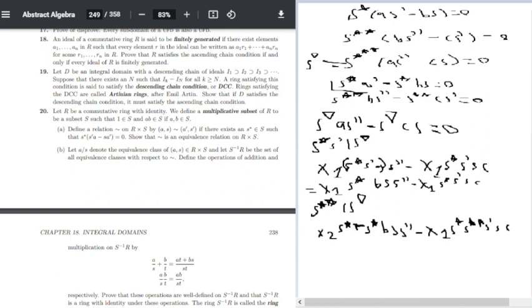Alright. Now with this, we can rearrange this to be S star star BS prime prime.